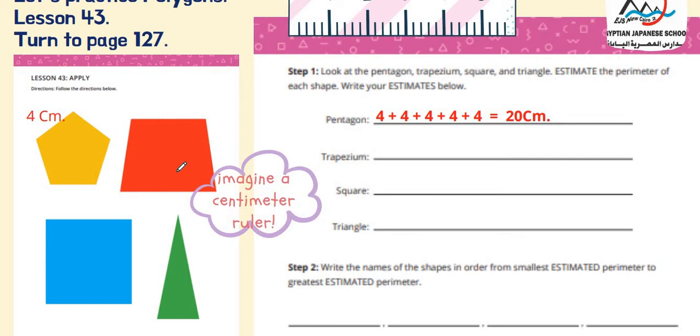Okay? Ms. Shema said about the pentagon, about this figure, this side is about 4 centimeters. Mira said no, 5 centimeters, Ms. Shema. Okay, Mira. Yusuf said no, Ms. Shema, it's 6 centimeters. Okay, Yusuf. Ahmad said no, Ms. Shema, it's 4 centimeters, as you said. Thanks, Ahmad.